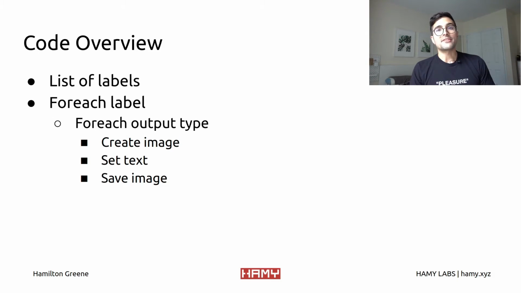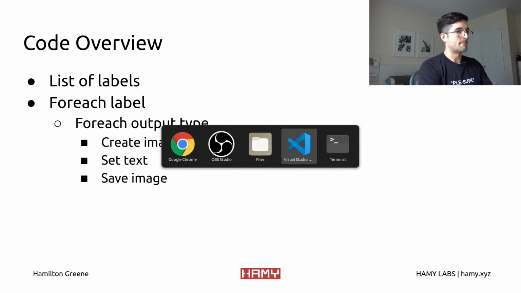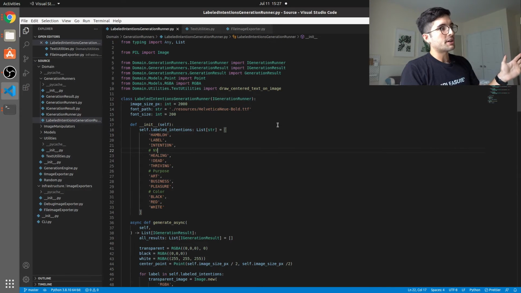With that out of the way, let's actually look at some code. So let me get up my editor here. Here's my generation runner, which is actually going to be creating these labels. Just a note, this is in my custom generation framework that I built for myself, so you won't see a main function in here.